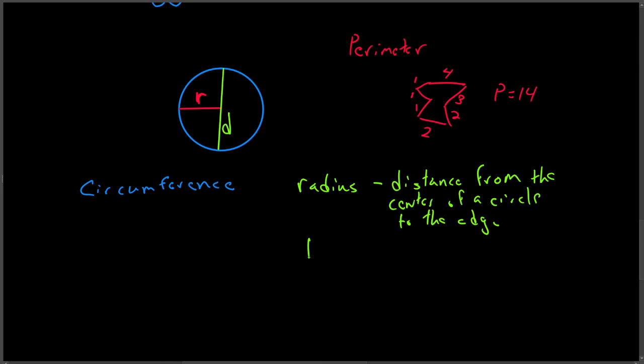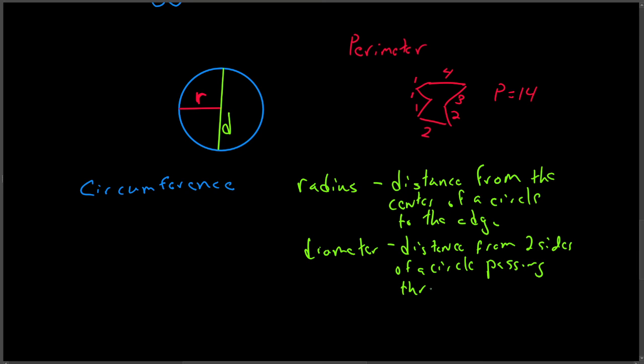Or the diameter, which is the distance from 2 sides of a circle passing through the center. And the diameter is how wide the circle is going to be.